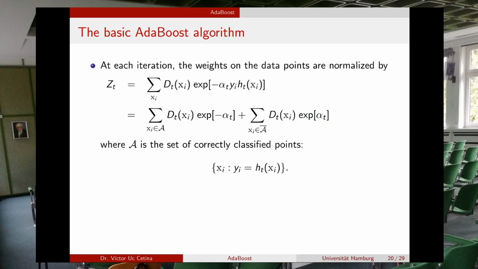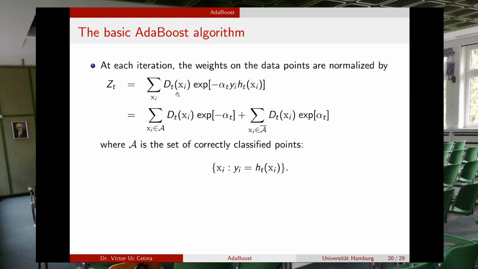Okay, in step 3 of the algorithm, you also see a normalization factor, which is called Z_t, or the Z factor for weak classifier t, and that is defined as the sum over every example of the products of the current weight for that example and the exponential of minus alpha times y times h.